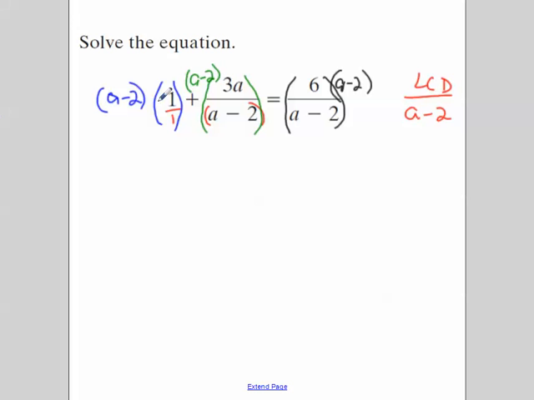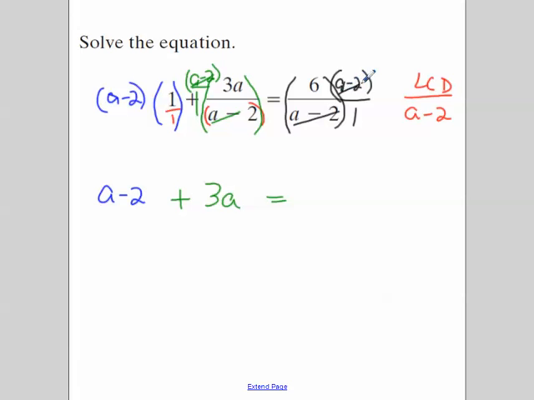The blue term becomes 1 times a minus 2, which is a minus 2. The green term becomes a minus 2 over 1 times 3a over a minus 2. A minus 2 cancels with a minus 2, and I've got just 3a, plus 3a equals my black term, my last term, which becomes 6 over a minus 2 times a minus 2 over 1.